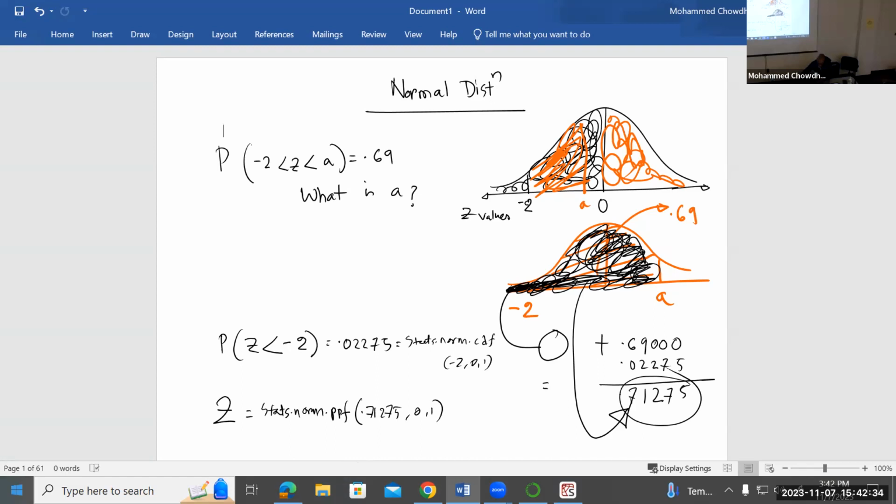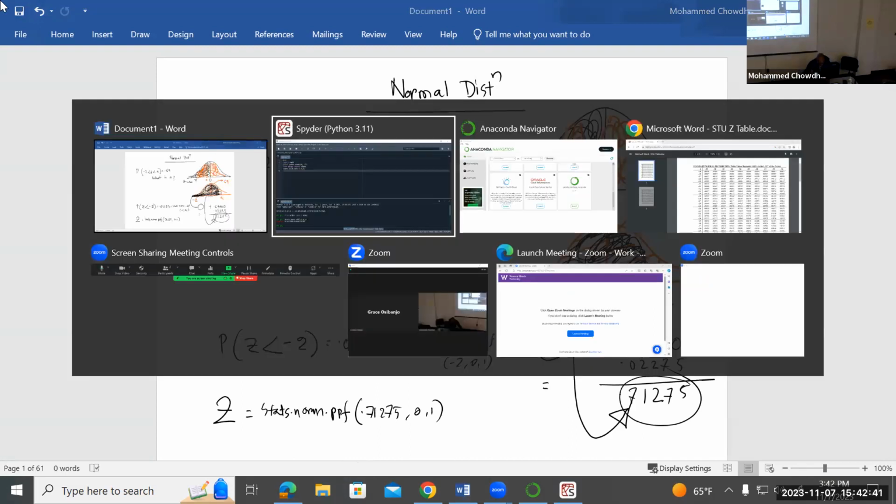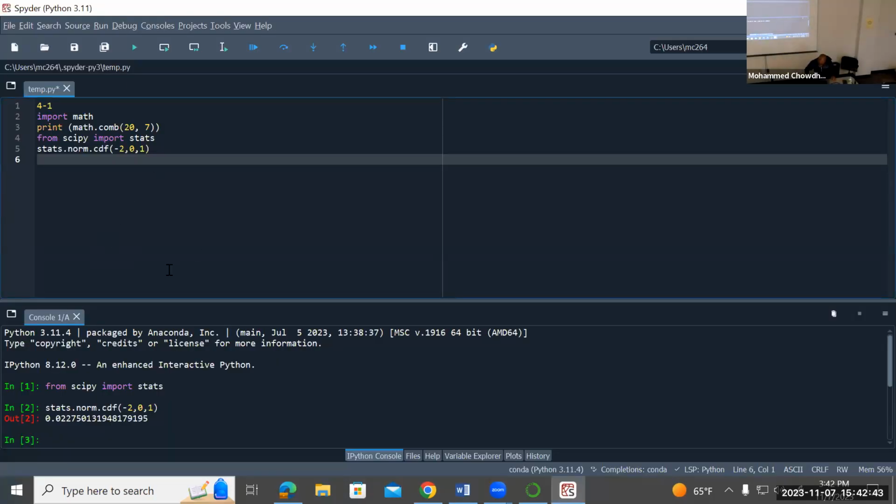Okay. So I will also show you how to find this by using the table. Let me go there. I want to just change CDF to PPF. And then that value will be what?